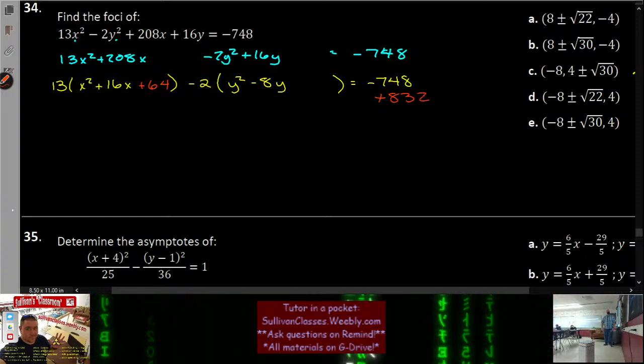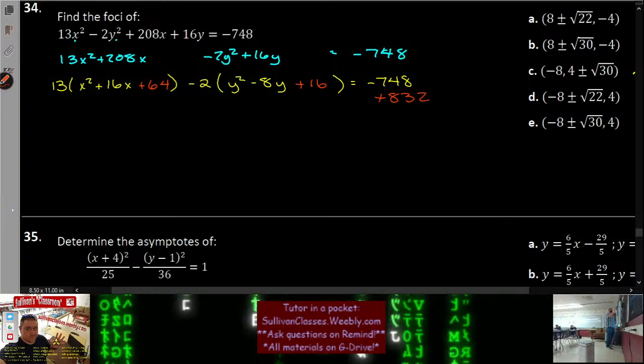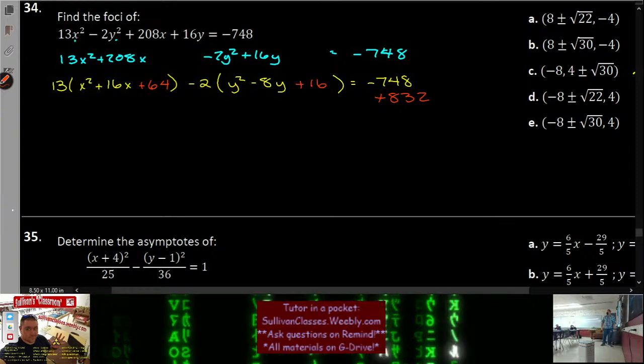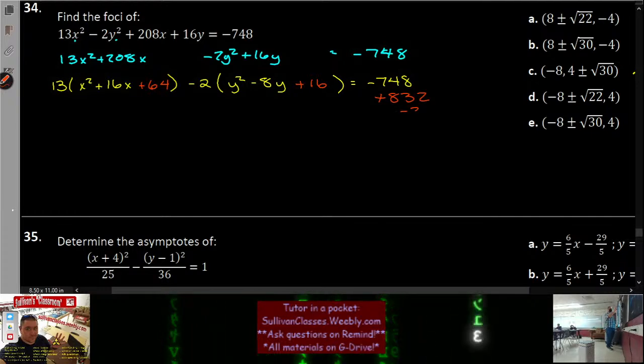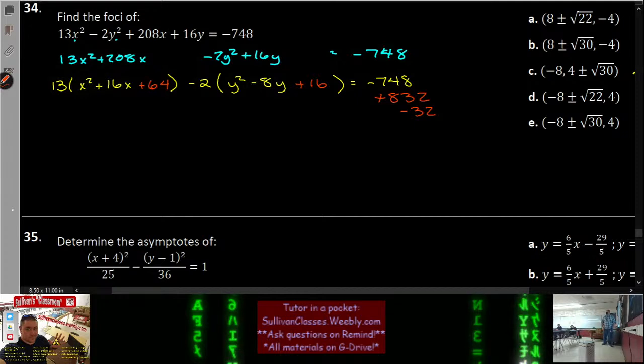Oops. Half of -8 is -4. -4 squared is 16. Did I really add 16? I subtracted 32. So I need to subtract 32 again.